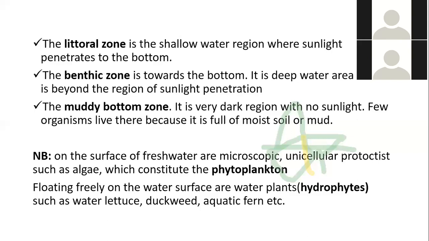They are organisms, both plant and animal, that are found on the surface of water. These organisms are not directed by currents of the water, or they don't move against the currents of the water. So they look as if they are motionless on the water.